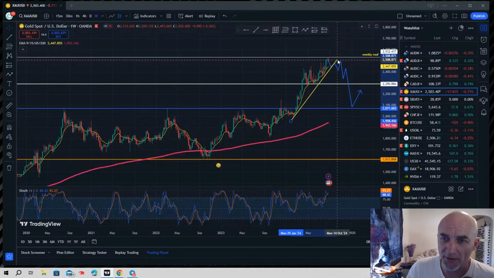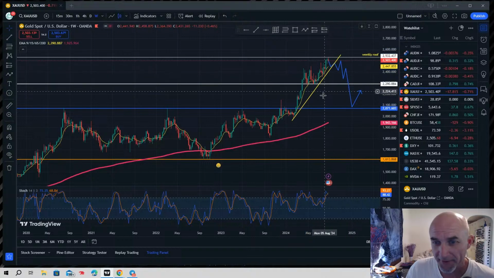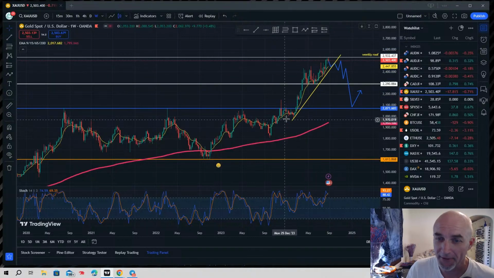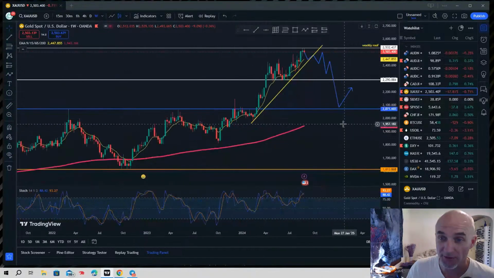Now, as a person who stays connected to educators and what they tell me, because I'm not technically an educator yet, I do know how to draw a trend line. It's got to touch the line 3 times, okay? At least 3 touches.